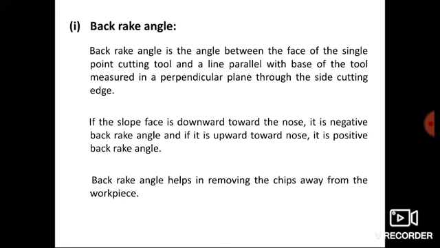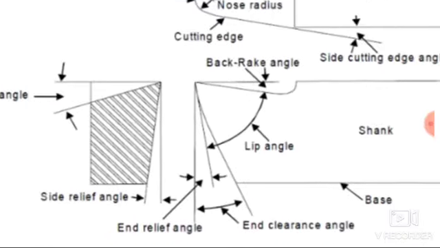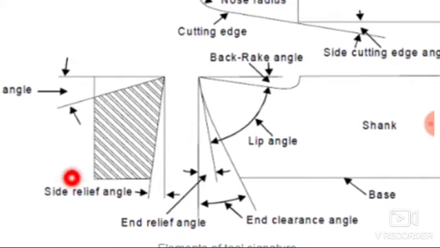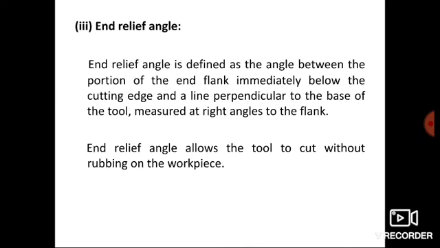End relief angle. Here I am showing the end relief angle. Here you can see at the bottom, this is the end relief angle. The end relief angle is defined as the angle between the portion of the end flank immediately below the cutting edge and a line perpendicular to the base of the tool, measured at right angle to the flank.